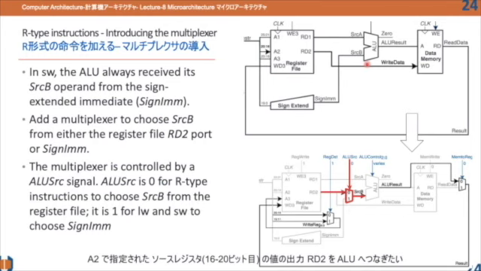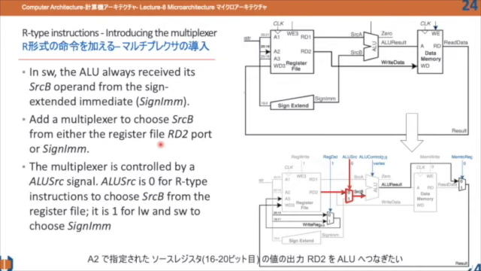If you carefully think about the behavior I described at the beginning of this lecture, the ALU for load word and store word instructions always uses source B from the sign extended immediate.